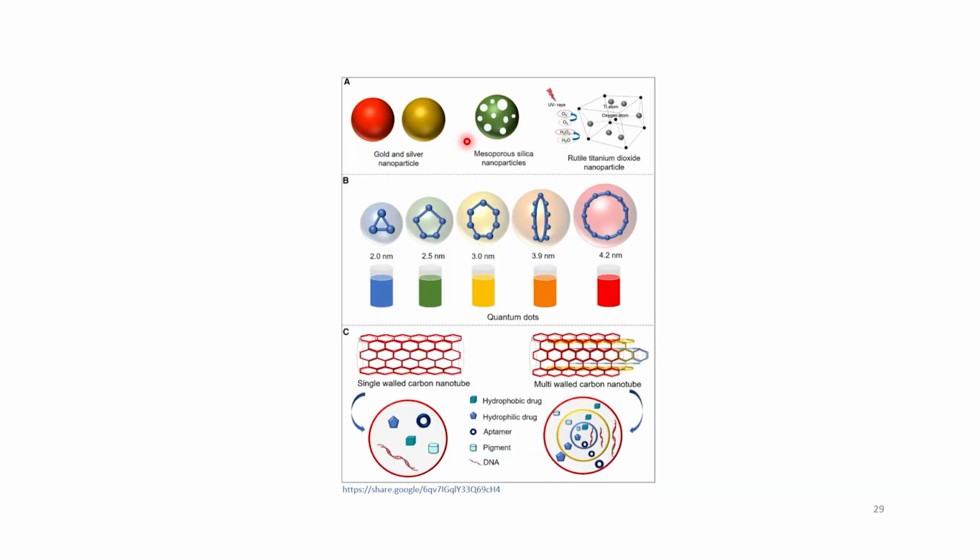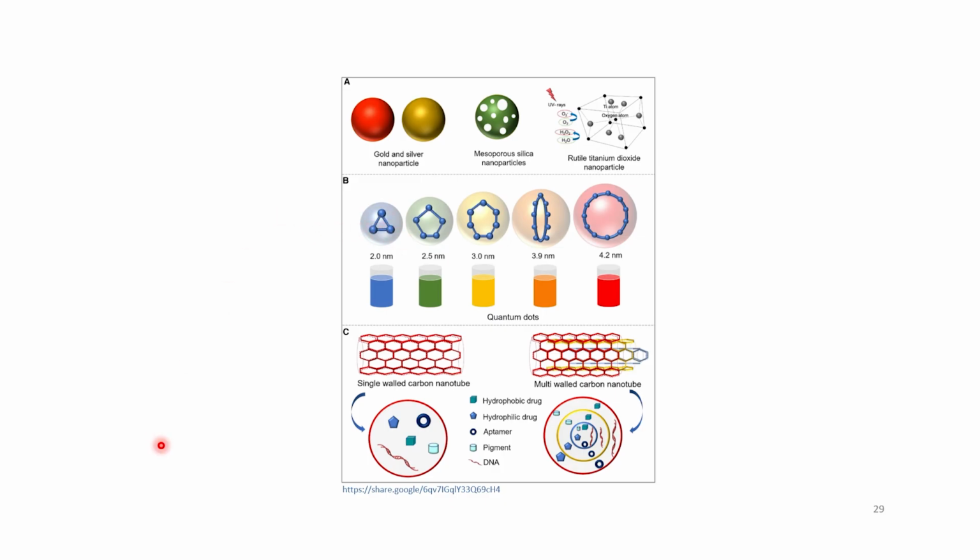That's gold and silver nanoparticles, that's mesoporous silica nanoparticles, and these are rutile titanium dioxide nanoparticles. Okay, so these are various structures, and the optical properties of your quantum dots depend on their structure. So these are 3 atoms, and they all form in the most stable way.